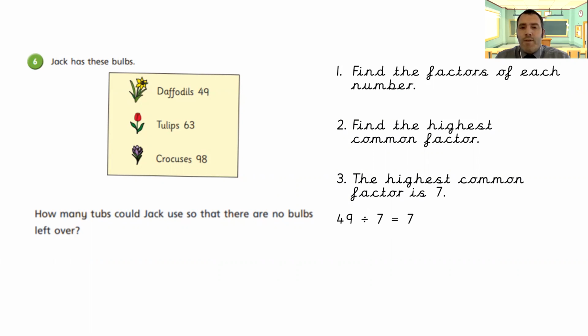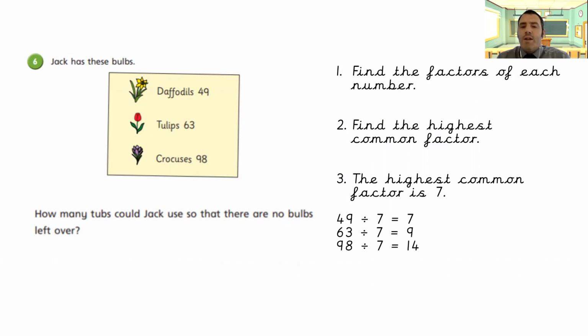So 49 divided by 7, as I said, is 7. So 7 squared makes 49, using my multiplication and times table knowledge to help me with my division. 63 divided by 7 gives me 9. And 98 divided by 7 gives me 14.